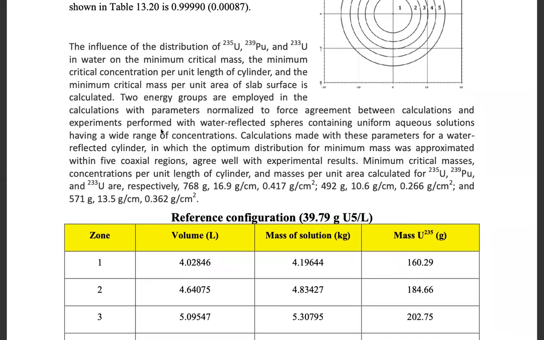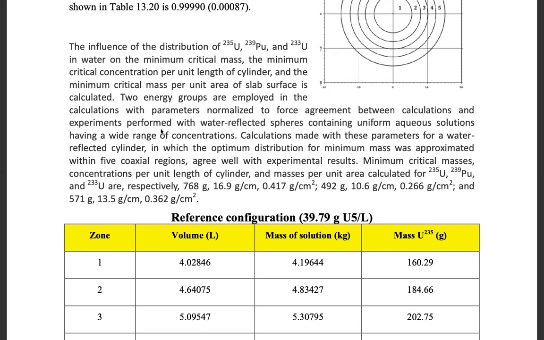So let me read his abstract. The influence of the distribution of U235, plutonium-239, and uranium-233 in water on the minimum critical mass, the minimum critical concentration per unit length of cylinder, and the minimum critical mass per unit area of slab surface is calculated. 2 energy groups are employed in the calculations, with parameters normalized to force agreement between calculations and experiments performed with water reflected spheres containing uniform aqueous solutions having a wide range of concentrations.